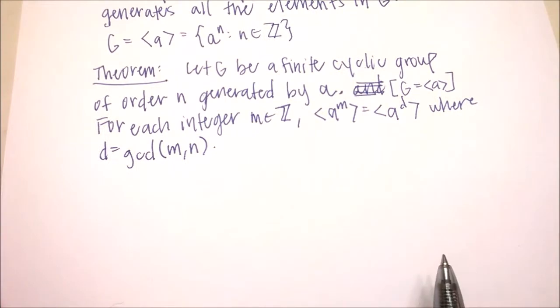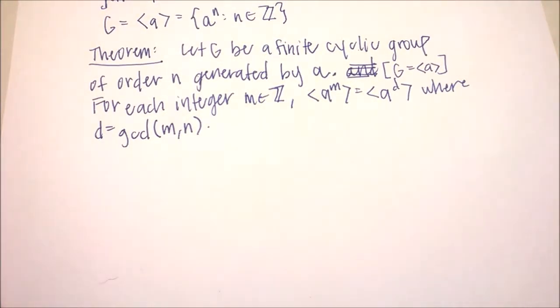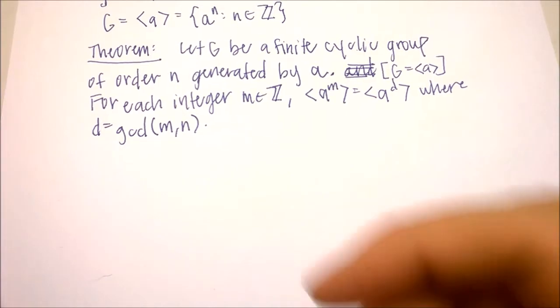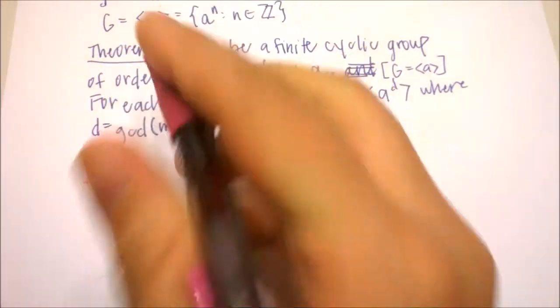Okay, so this is a theorem, and I think proving this will start to get us more comfortable with dealing with cyclic groups and their properties. So let's start this proof.